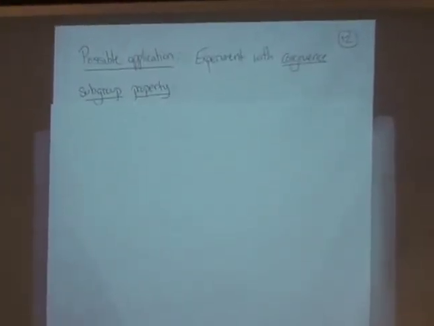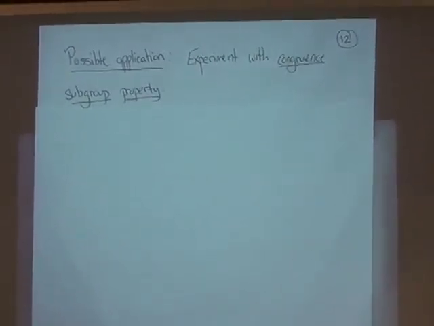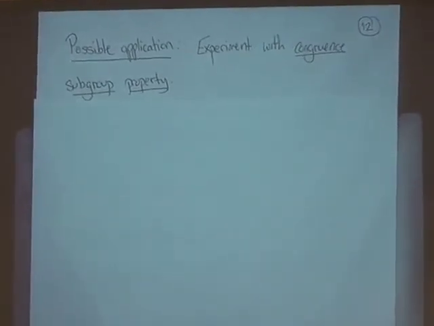Now I want to spend the rest of my time talking about a potential application that Ted brought up, which is the congruence subgroup property, and doing some experimentation. Because, first of all, our results are directly addressing finding generators for cases where this problem is most wide open.